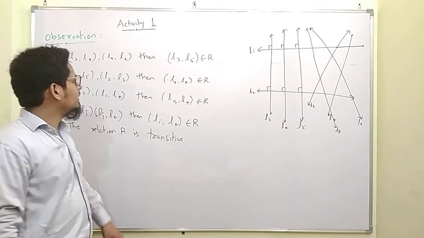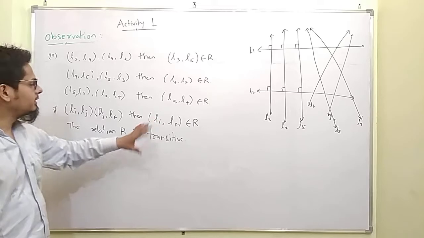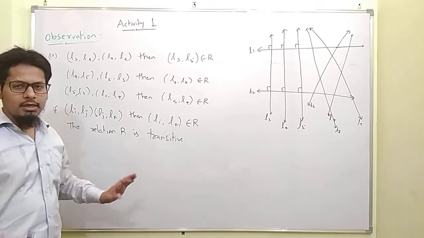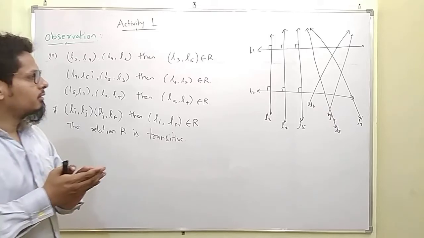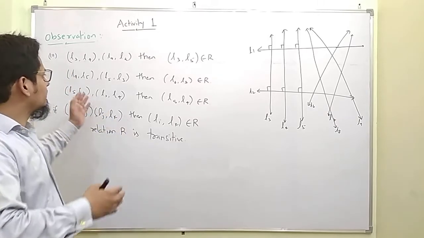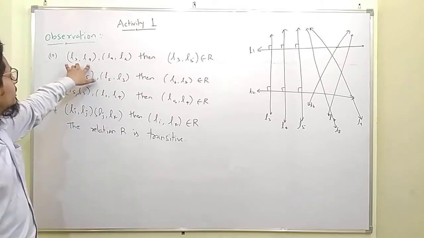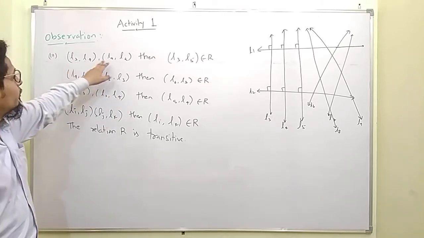Class, now after this, this is the last part of this activity, transitive. Okay, so I take 3 lines, 3, 4 and 5, and I make a relation with possible pairs. L3 and L4 are parallel to each other, and L4 is parallel to L5.